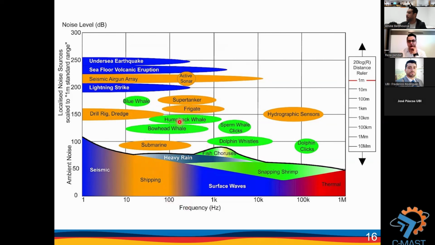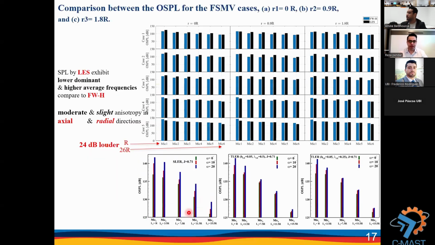We have a lot of humpback whales. They use a lower frequency range. By comparing these two acoustic levels, we could redesign our vessels to diminish the interaction between these two noise sources.